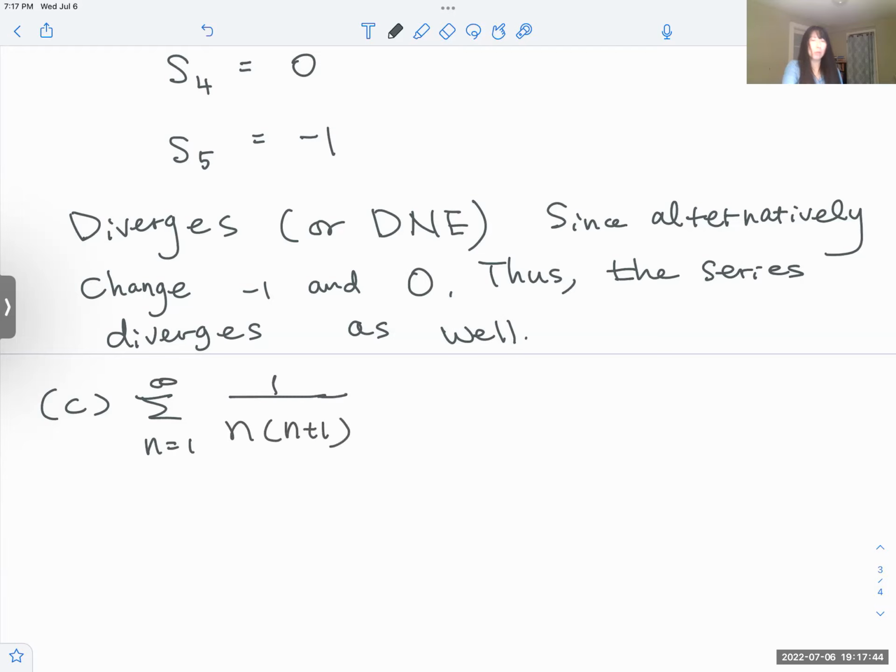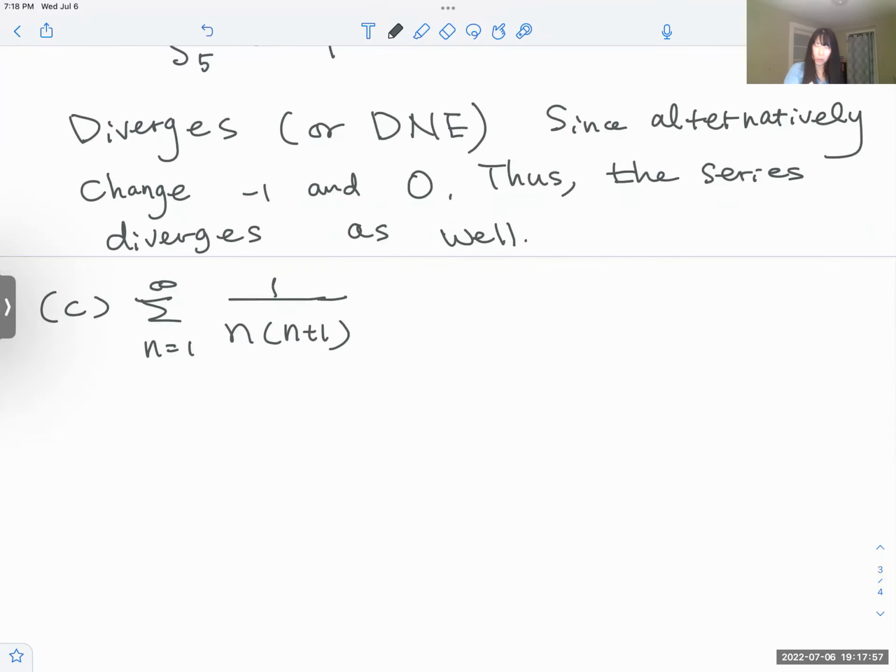Look at the partial sum. For n equal to 1, we have 1 times 1 plus 1, which is 1 over 2, right?